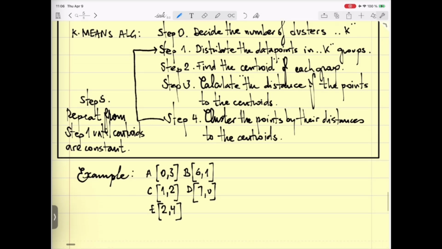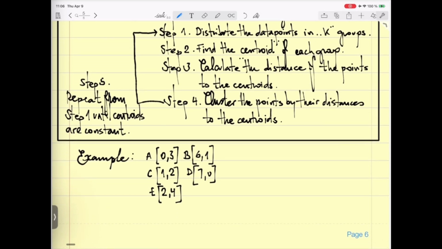We want to place 2 warehouses to deliver these factories in an optimal manner, with K means clustering.